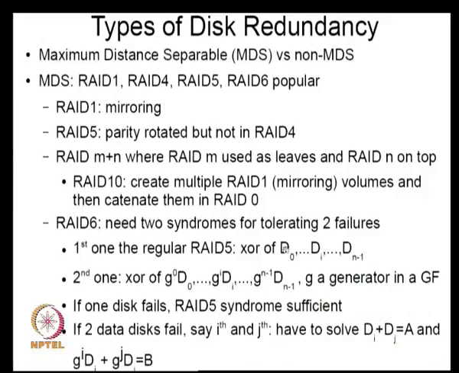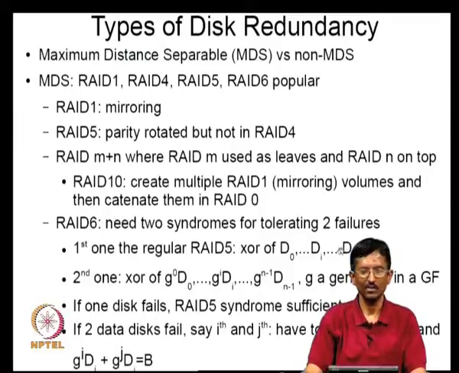Basically, you start with d0, d1, di, dn minus 1, and multiply these with g to the power 0, g to the power of i, g to the power n minus 1. And then do the XOR, the same thing you do.